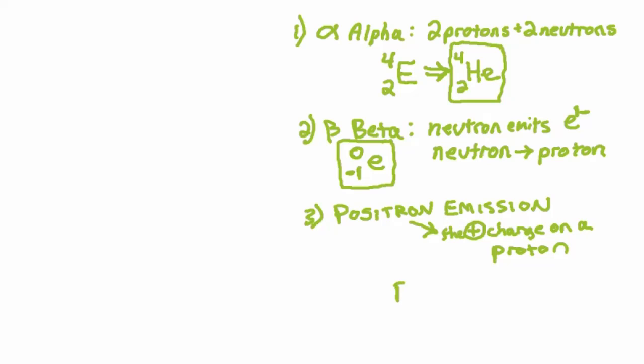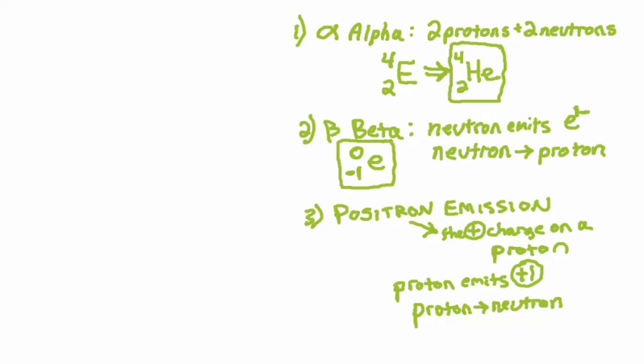So a proton emits its +1 charge, which turns it into a neutron. Because by definition, a proton has to have that positron, that +1 charge, in order for it to be a proton. If it has a 0 charge, then by definition it's a neutron.